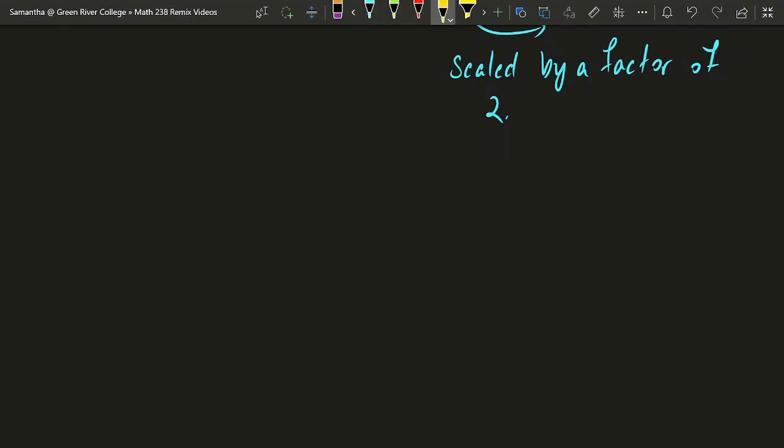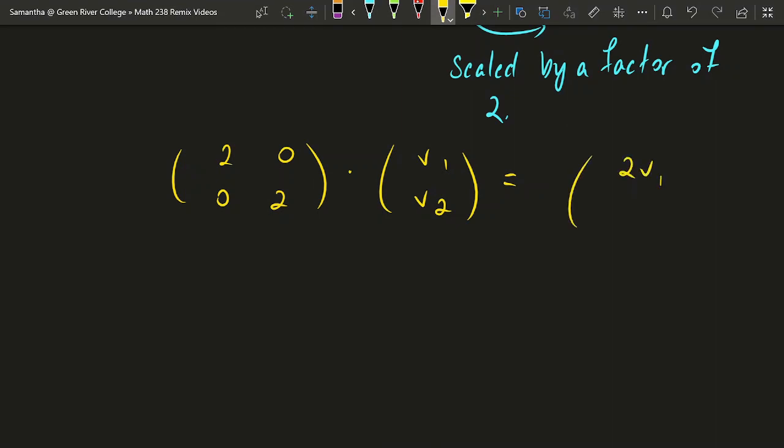This particular matrix, [2, 0; 0, 2], will have the same effect on any vector that you give it. If I try multiplying, for example, a generic vector, v1, v2, by this particular matrix, then the result of this product will be 2 times v1 plus 0 times v2, 0 times v1, and 2 times v2.